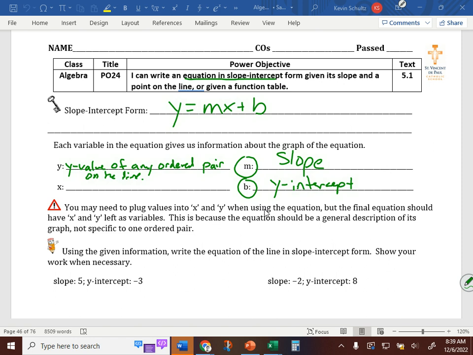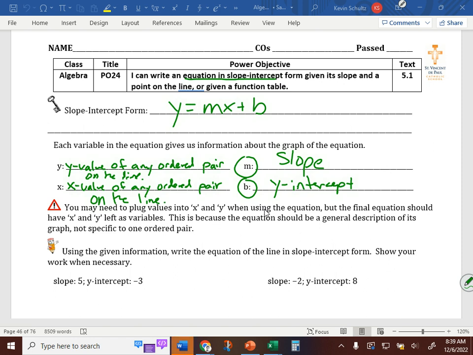So what would you suppose the x value represents then? Colin? Exactly. The x value of any ordered pair on the line.